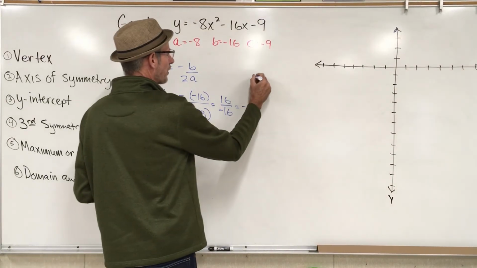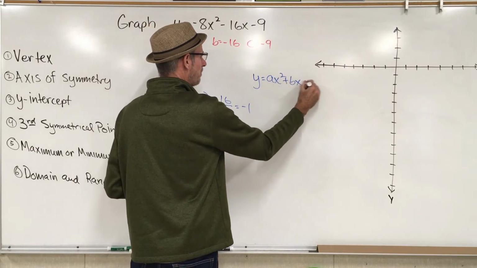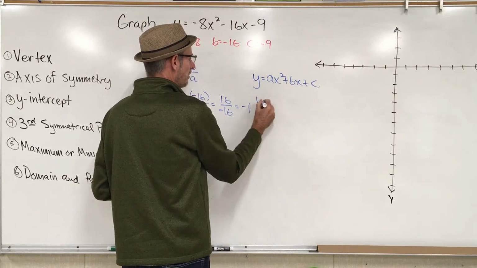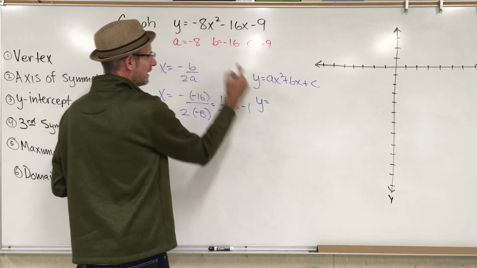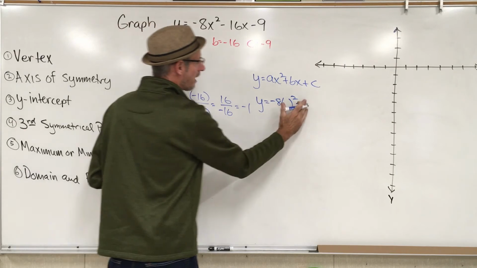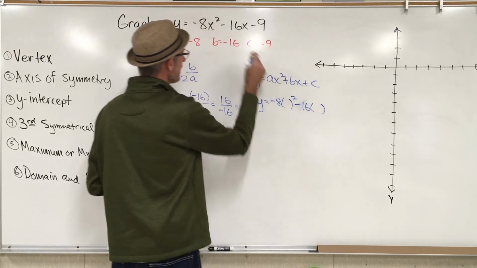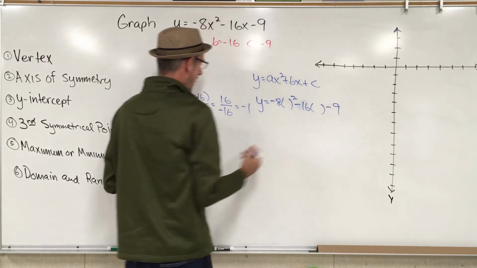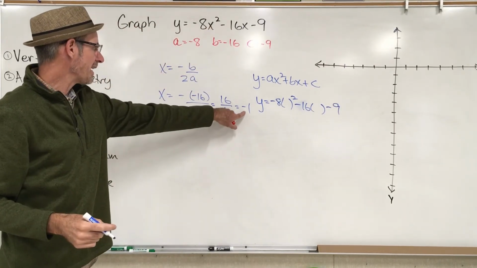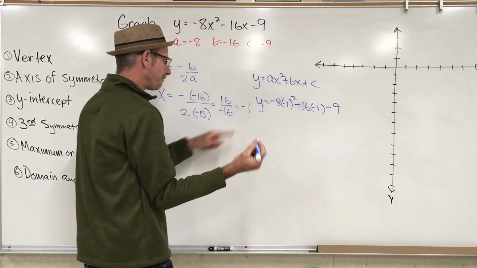Now for my y-coordinate, y is equal to ax squared plus bx plus c. And on this problem, y is equal to negative 8, empty bracket squared, minus 16, empty bracket, minus 9. And I just found out that my x is negative 1. So I'm going to put a negative 1 here and a negative 1 here.